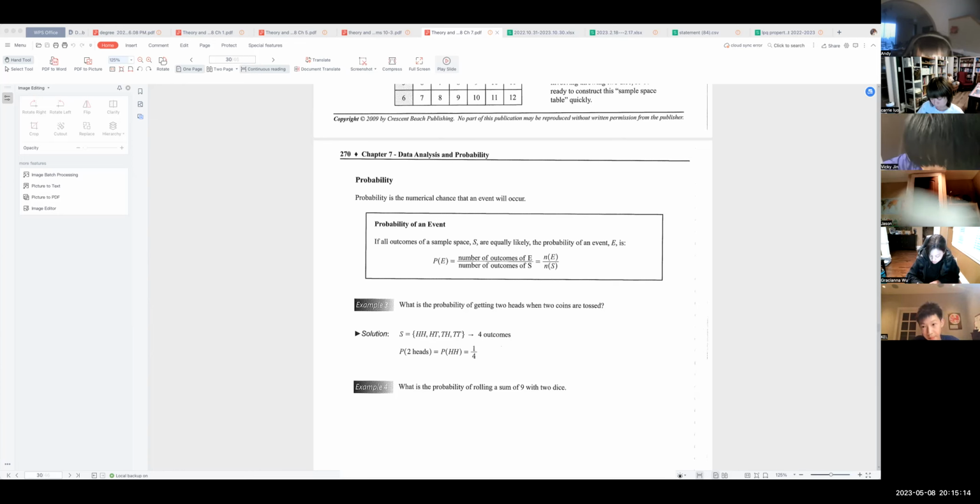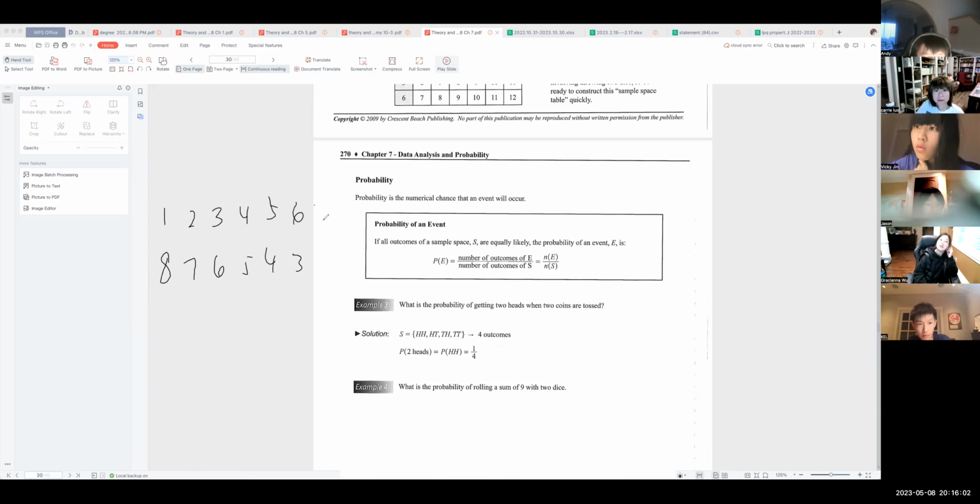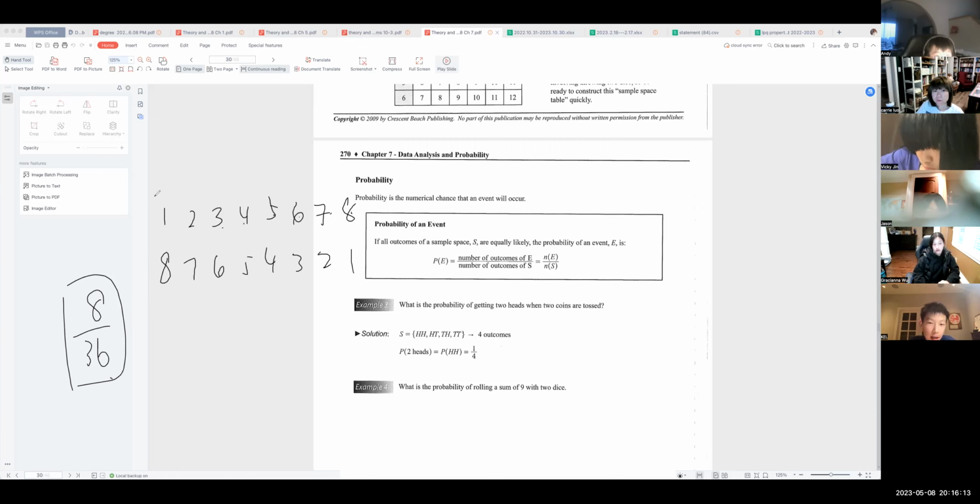Let's see how many possibilities there are of getting 9. Some students said 18, 27, 36, 45, 54, 63, 72, 81, so 8 outcomes, 8 over 36. But let me ask everybody, can a die show 7 or 8? No. So everybody, there's no 7 or 8 possibly showing up on the dice.